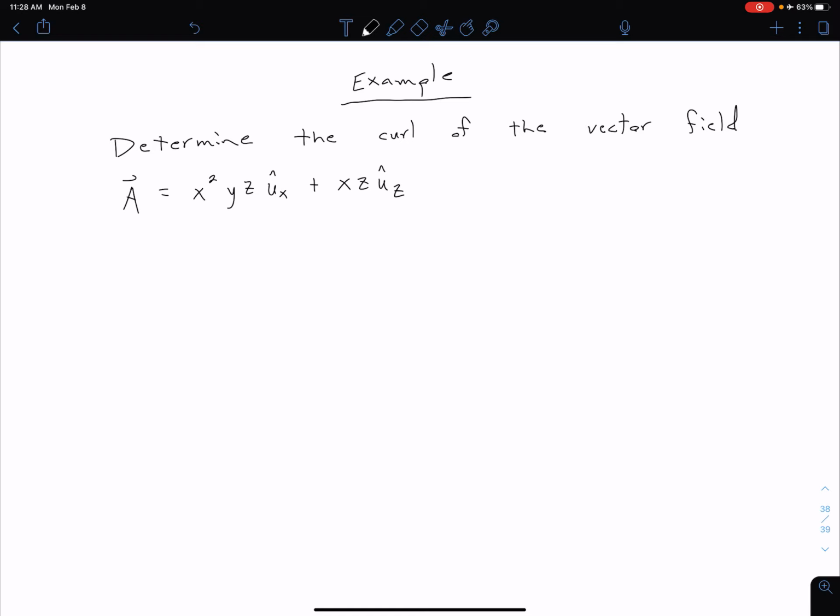So in this case, if we wanted to find the curl of this vector A, we would go back to our equation for curl. That is equal to the partial with respect to y of our z component, which is xz, minus the partial with respect to z of our y component, which in this case is just 0. So that is in our x direction.